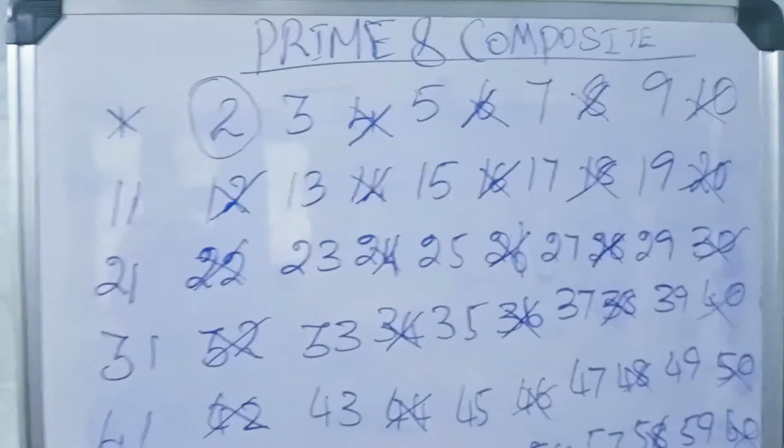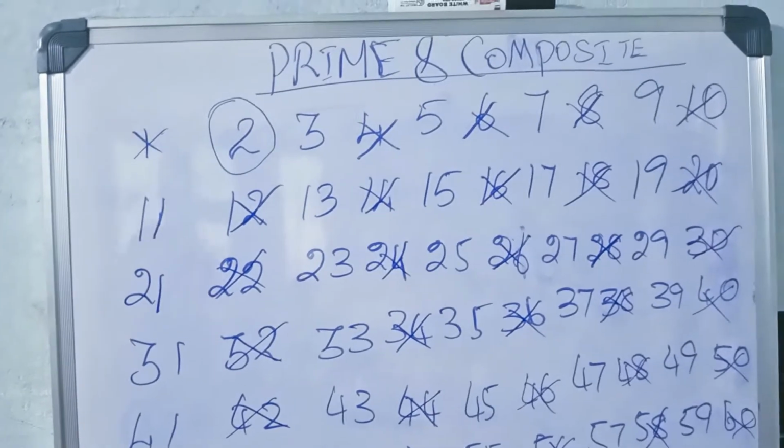Okay, what are the multiples of 2? Those are not prime numbers because they are even numbers, so we can cross them out.